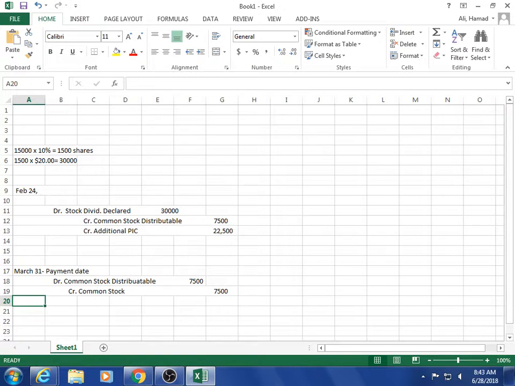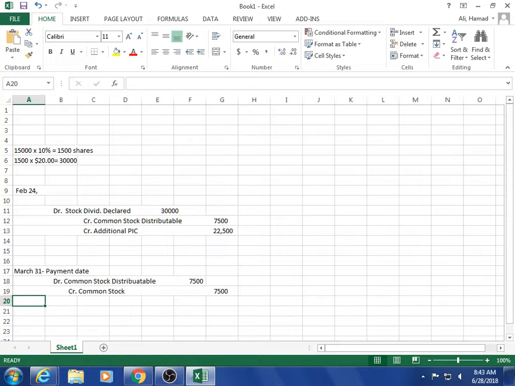So look at the one after the stock dividends. This one here. Look at this one for a second. How many common shares do we have outstanding? 15,000.